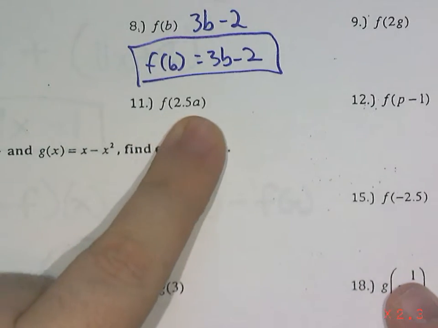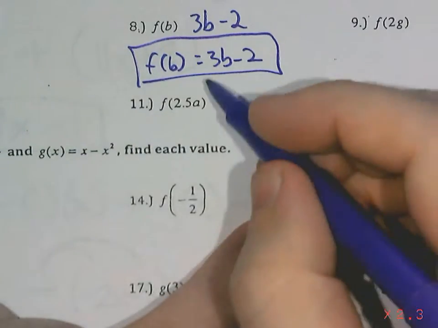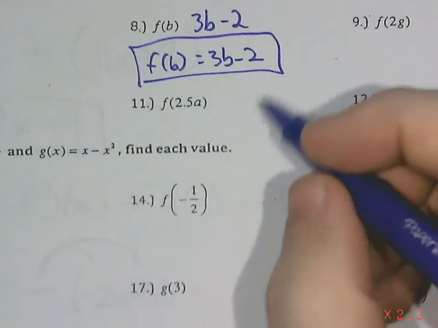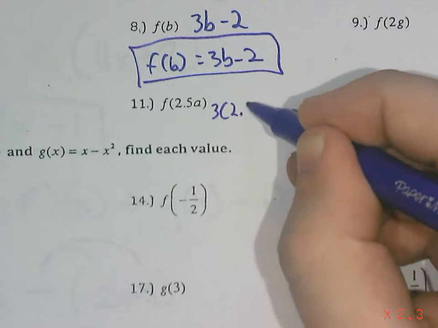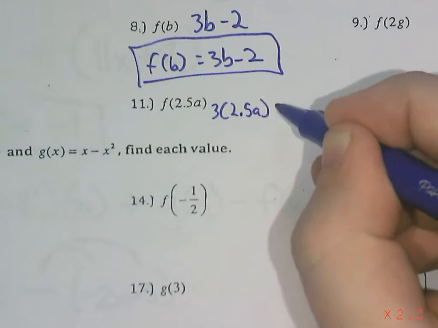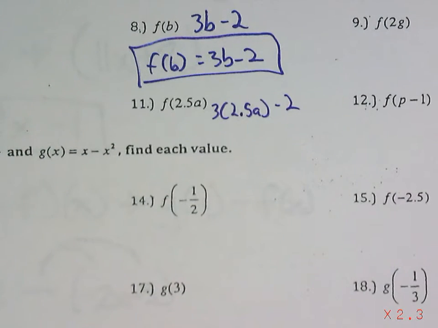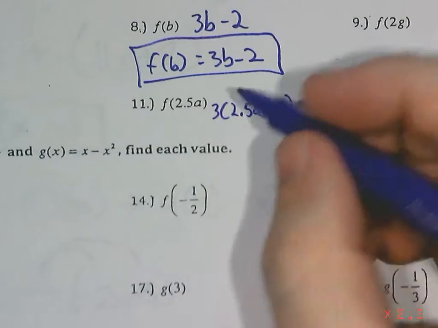Similar to this, I have 2.5a. If I replace x with a, it would be 3 times 2.5a minus 2. 3 times 2.5 is going to be 7.5, is that right? Yeah, 7.5.